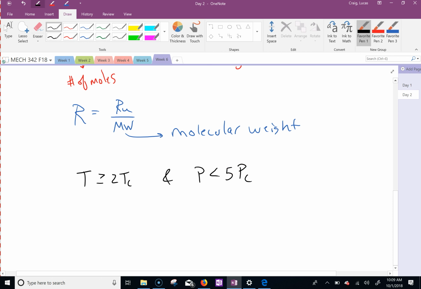So these are just some rules to make sure that the gas expands ideally. The temperature that you're using has to be greater than or pretty close to 2 times your critical point, which is found in the tables, and your pressure needs to be 5 times less than PC, your critical point. TC and PC are found on table A-1.